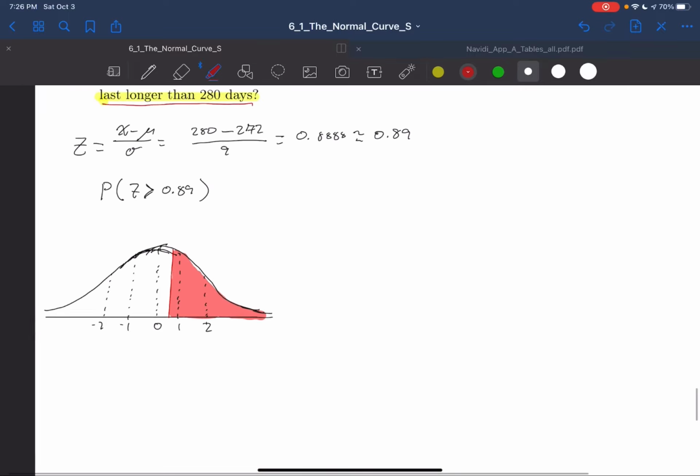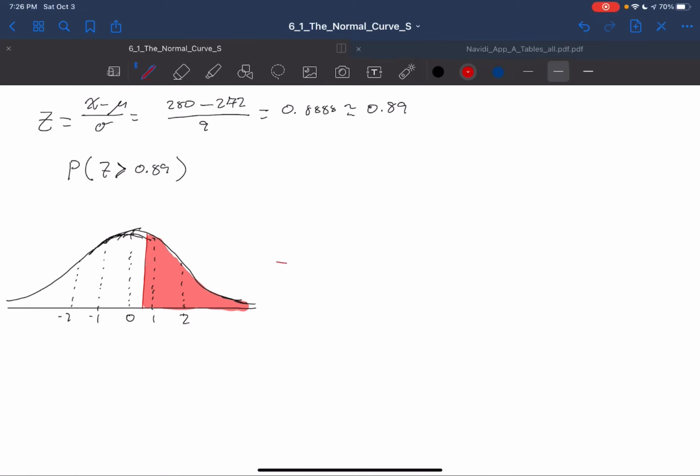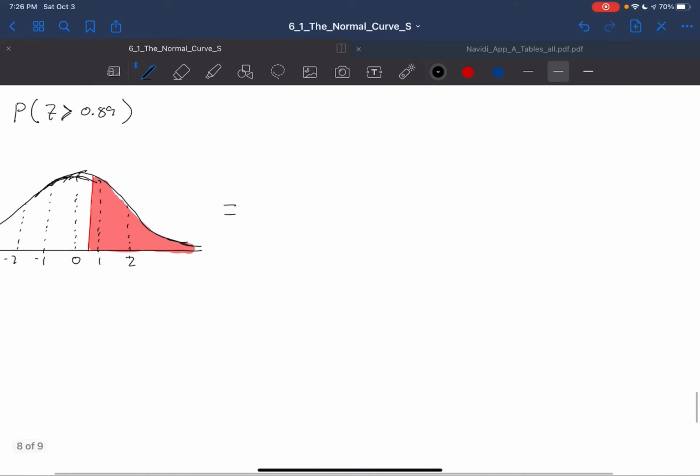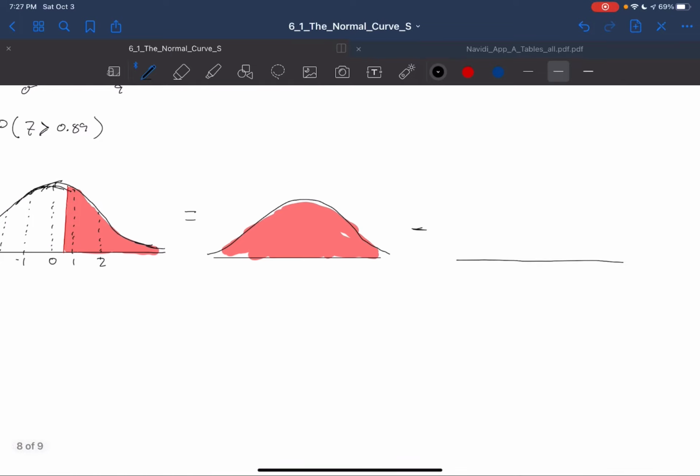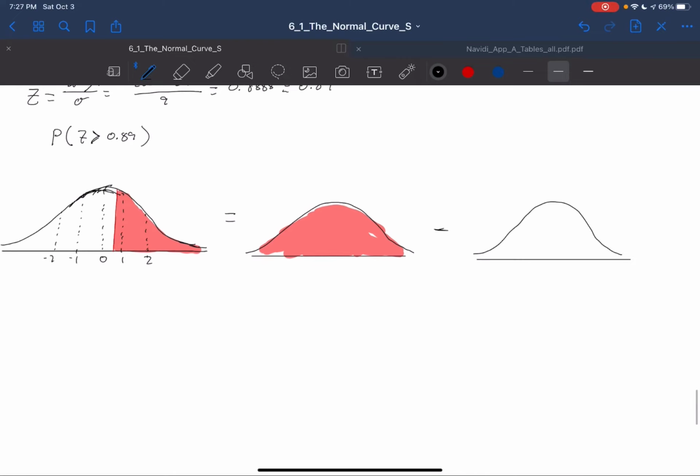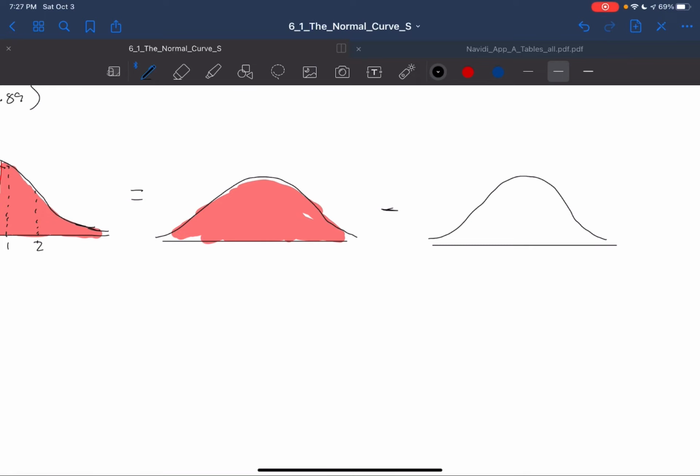Well, if you look at the picture, this is just equal to the area under the whole curve minus the area to the left of our z value.